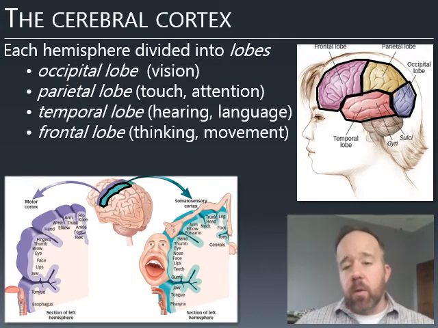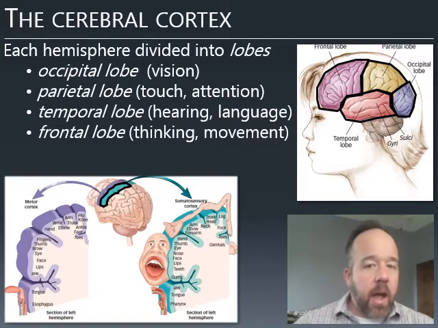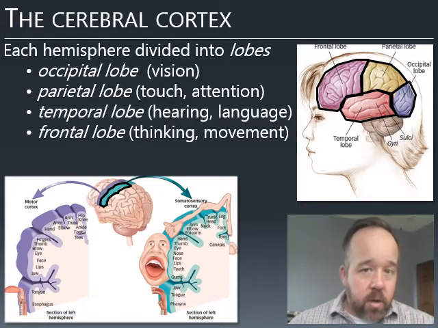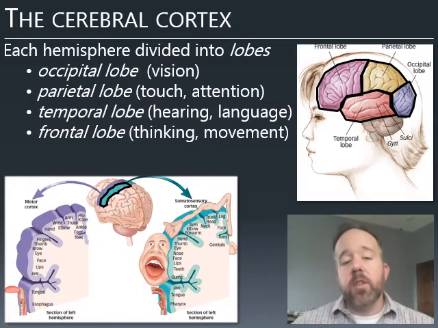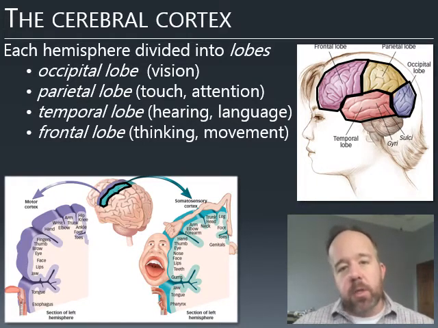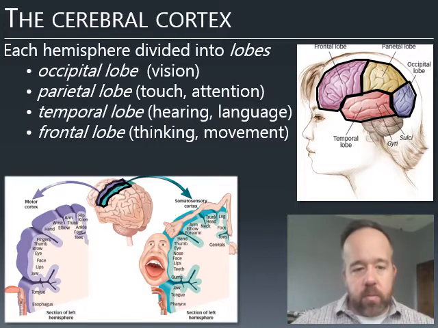Then there's the frontal lobe. And the frontal lobe deals with a lot of our higher functions. So planning, reasoning, controlling our emotions, making decisions. These are all parts of what the frontal lobe does. The frontal lobe also has a role in movement because that backmost gyrus, which I've highlighted now in the lower left, is motor cortex.